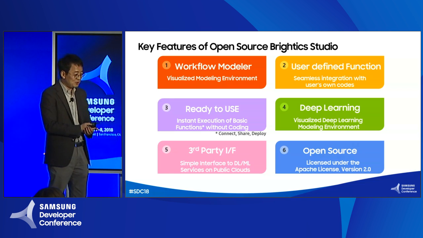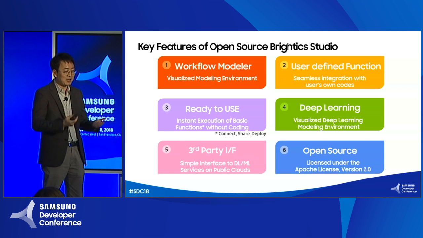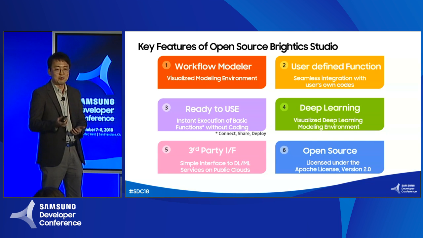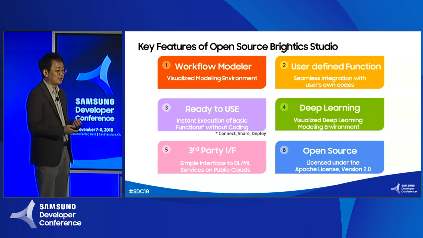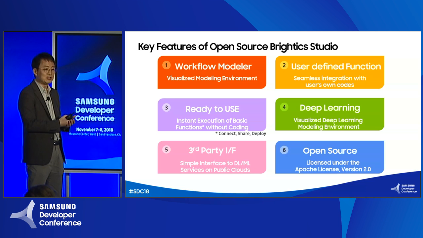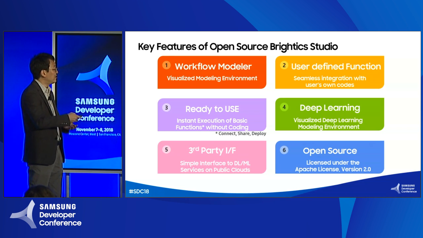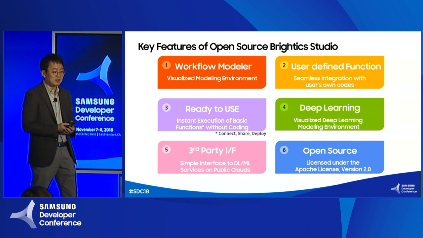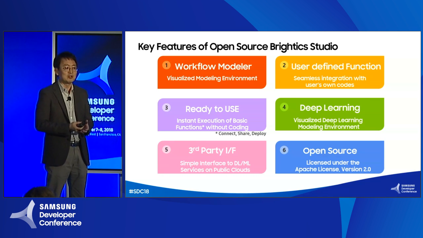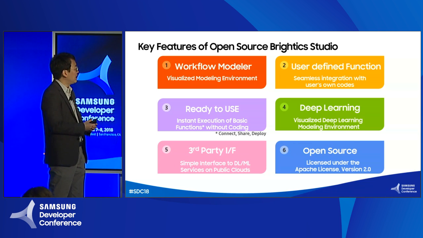Third are ready-to-use features, for example, connecting to external input data sources and sharing and deploying your model. Those things need to be included in the library. Fourth, deep learning features. Currently, if you want to use a deep learning framework, you need to be familiar with Python coding to do some scripting.